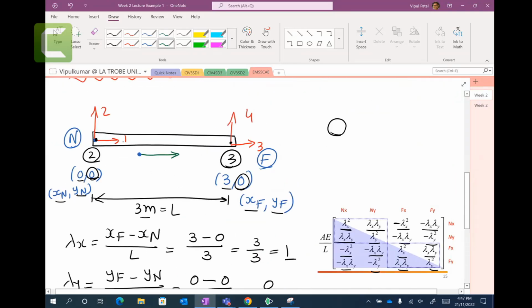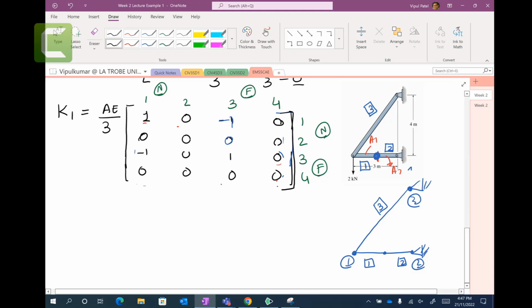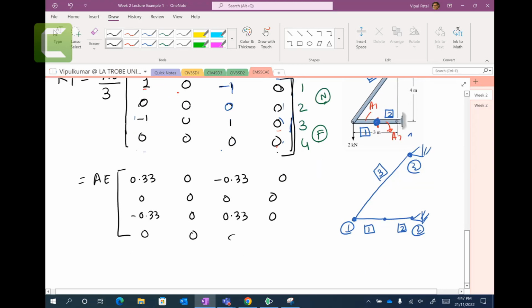So near node x is 1, 2. Far node x is 1 and 2. I hope it makes sense. And we can just get these three inside. So AE, you get 0.33, 0, minus 0.33, 0, 0, 0, 0, 0, minus 0.33, 0, 0.33, 0, 0, 0, 0, 0.